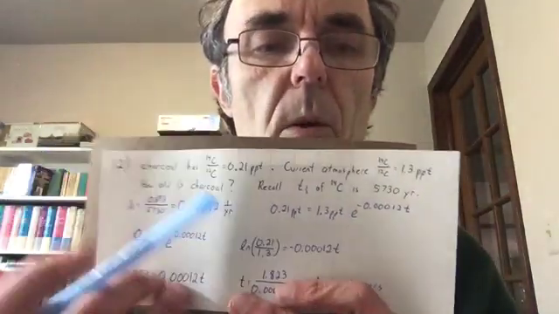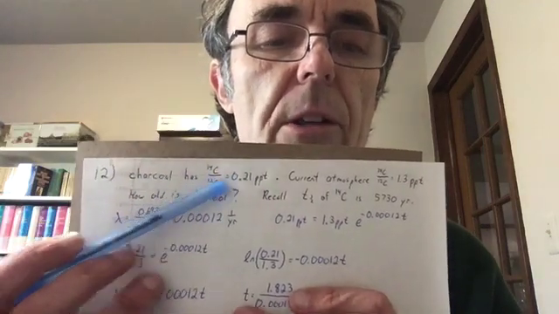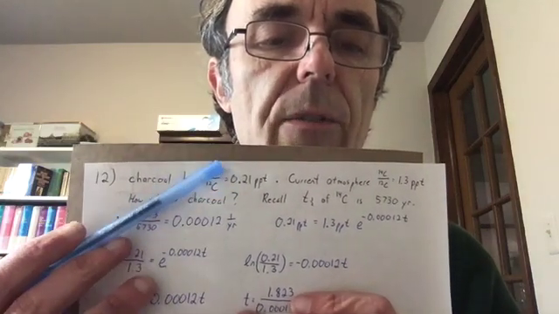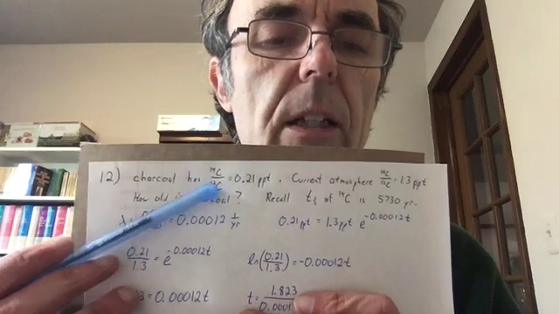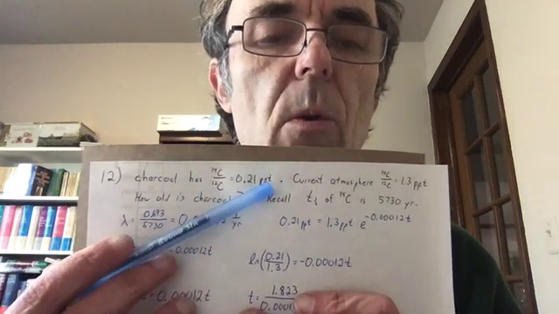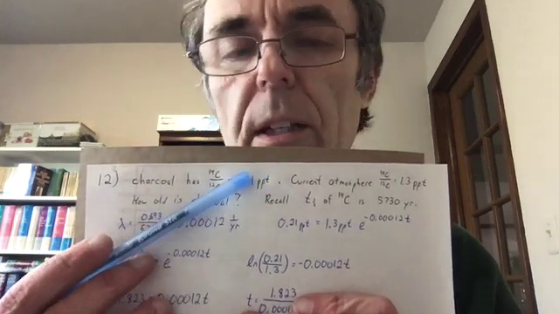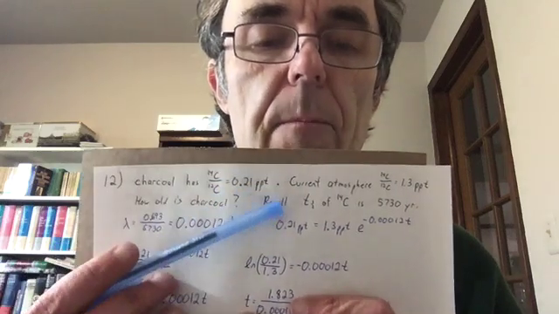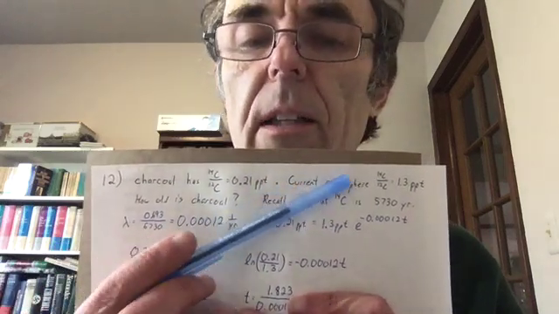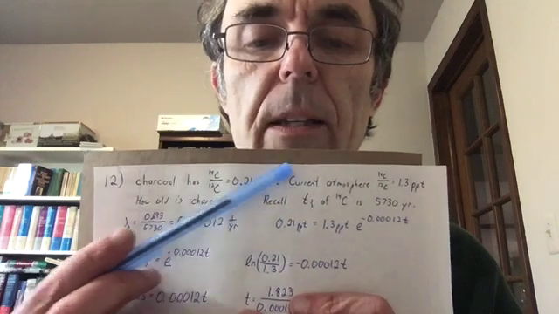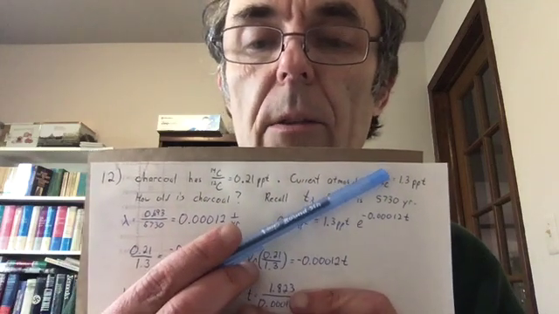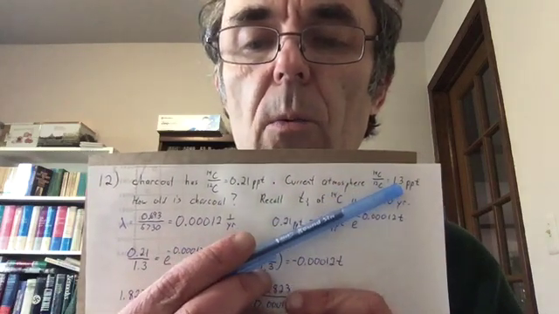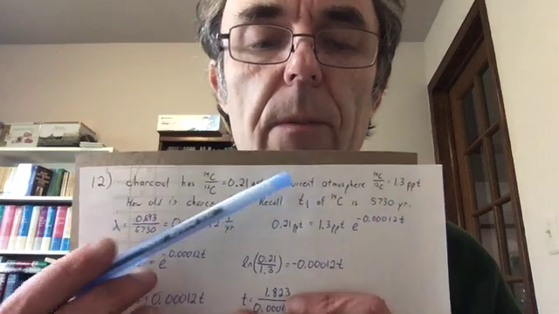Okay, here's a problem where you have charcoal. When you analyze that charcoal, you find the ratio of carbon-14 to carbon-12 is 0.21 parts per trillion, or 10 to the minus 12. And currently in the atmosphere, which we assume has been constant for a long time, the ratio of carbon-14 to carbon-12 is 1.3 parts per trillion.